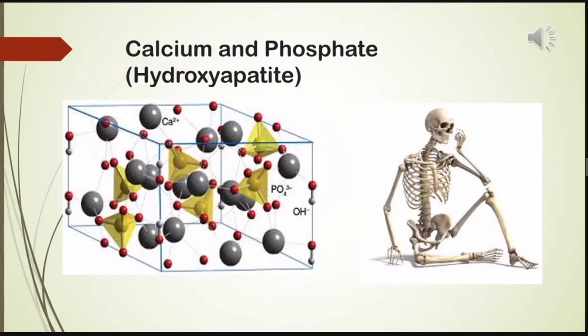The edges of this cube-like structure is a hydroxyl group formed, of course, by your oxygen and your hydrogen. Now, this is the crystalline structure of your bones. You will find your calcium in this form within the bone.